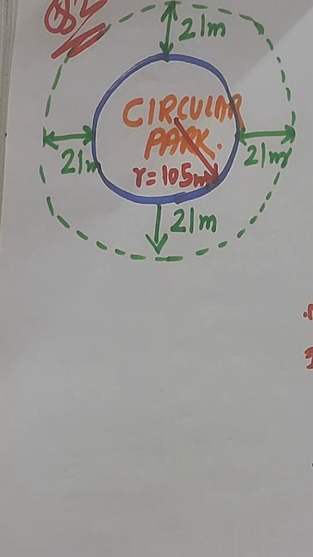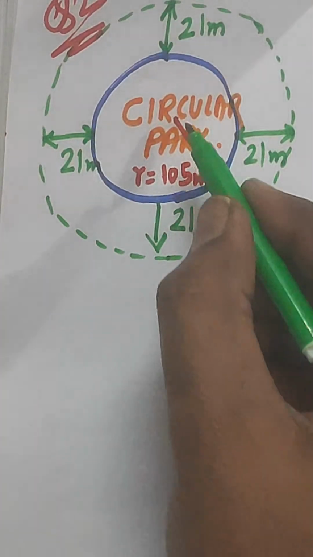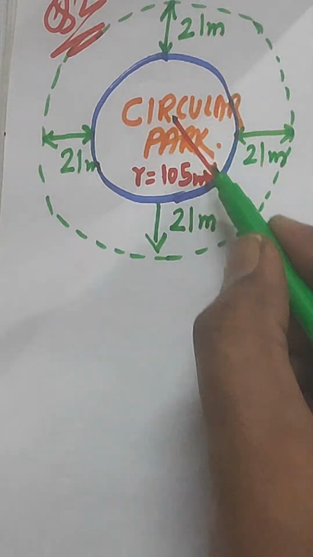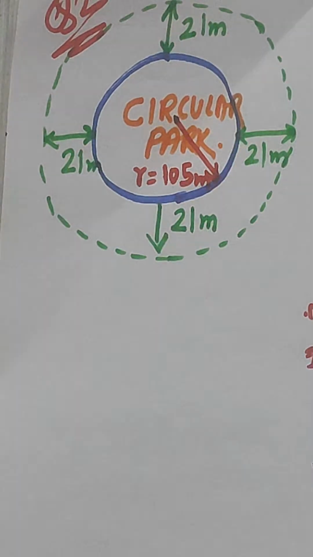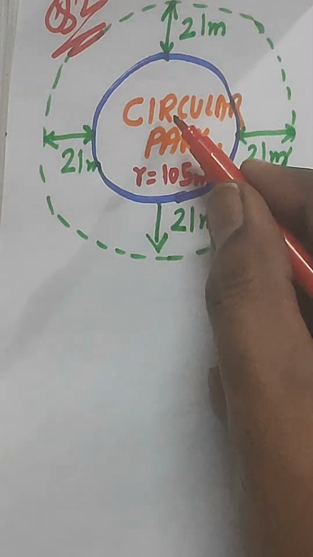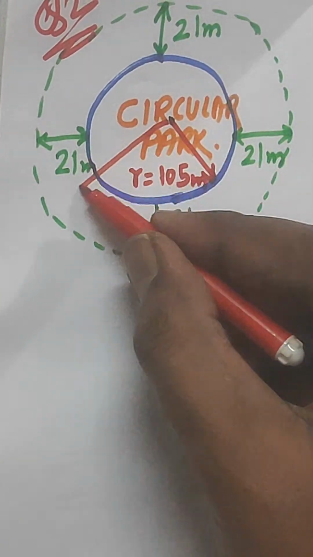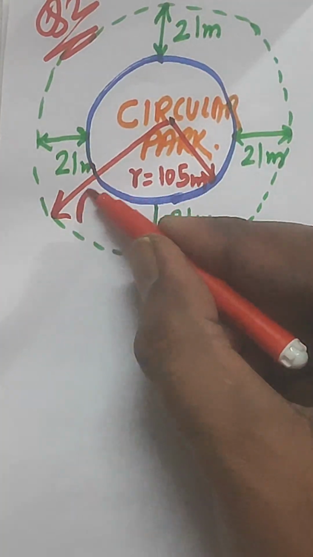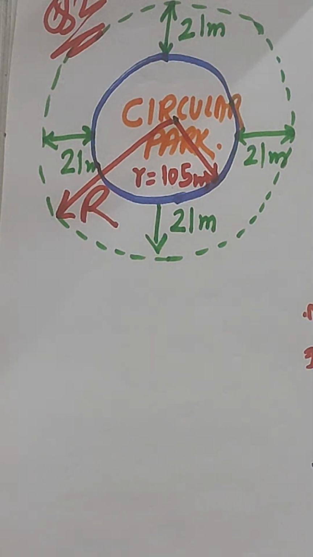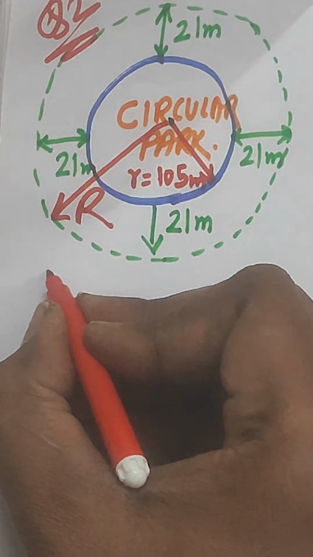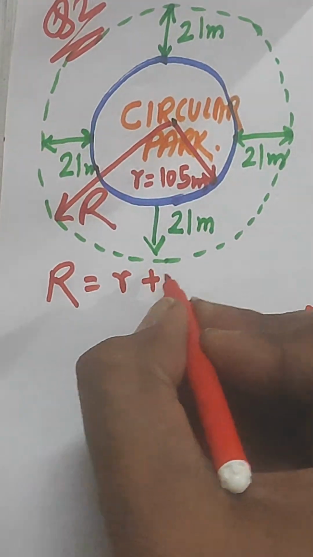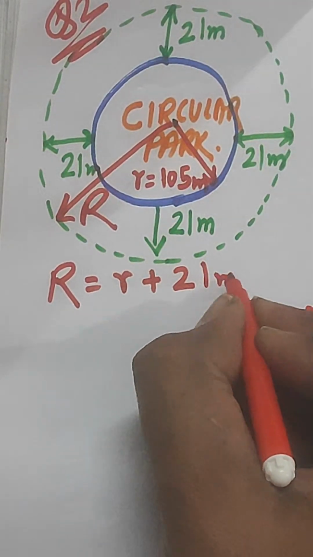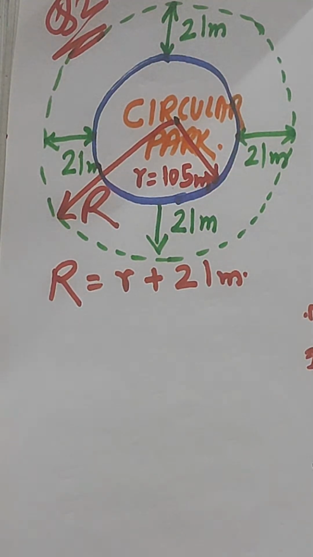We need to find the area of the road. So from here, if we consider the green circle, the bigger circle, let us say the radius of the bigger circle here till here is capital R, right? Then we can say that R is nothing but small r plus 21 meter, isn't it?